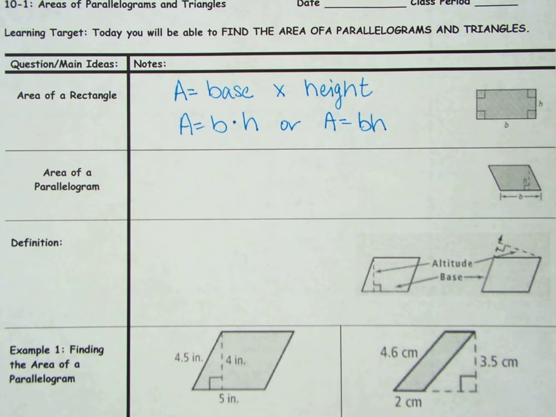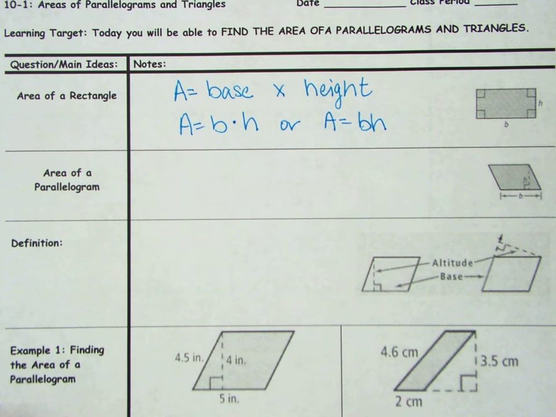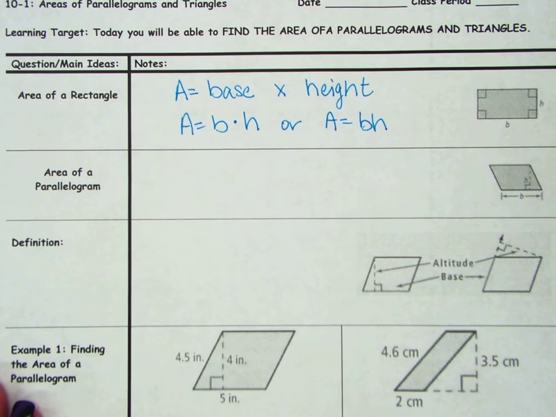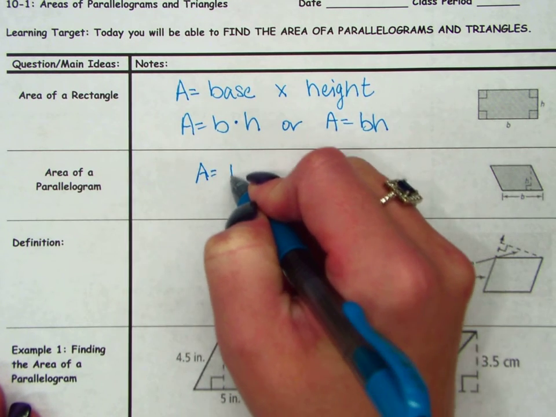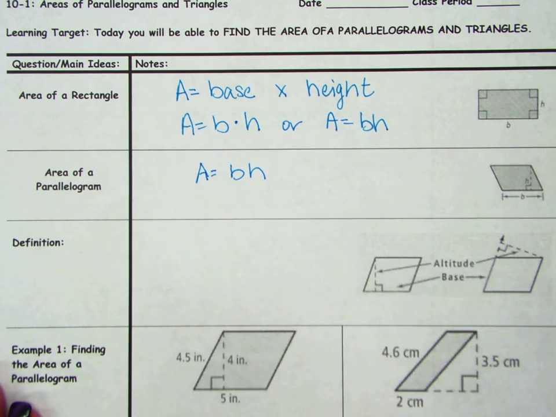So similarly, as you saw in the previous videos, the area of a parallelogram is also the product of its base and the corresponding height. So we can write it as area equals base times height.